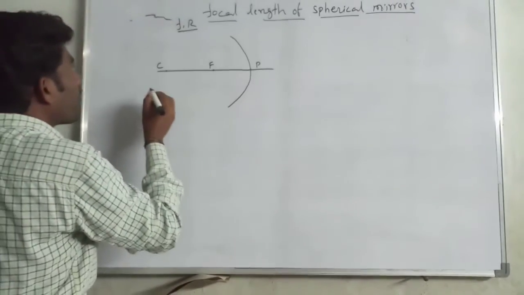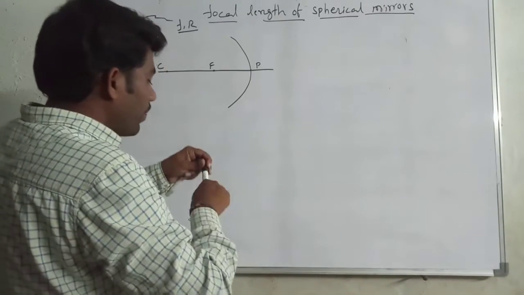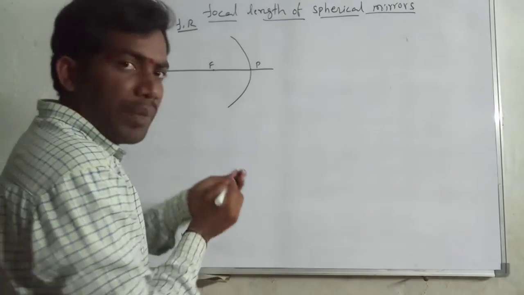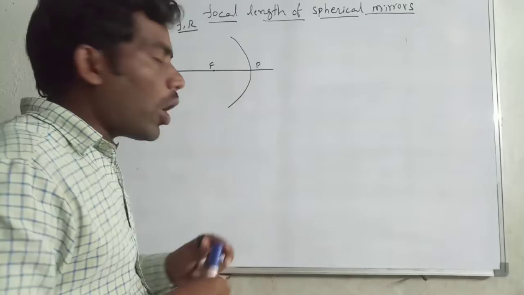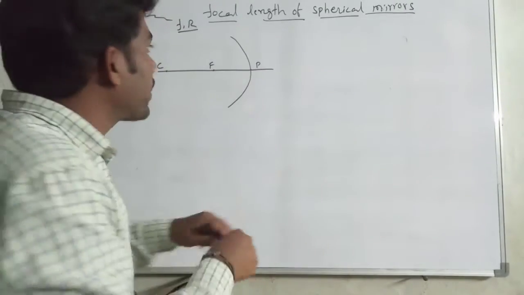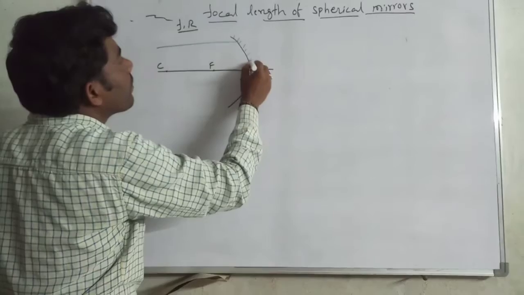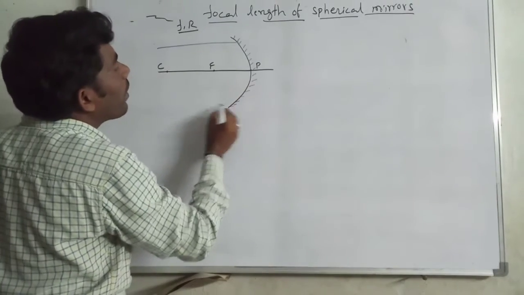Okay, next, if a beam of rays, it means a bundle of rays, is falling on a mirror. This one is the concave mirror.